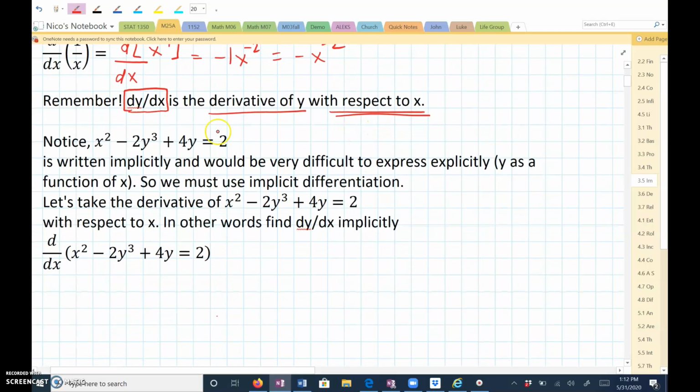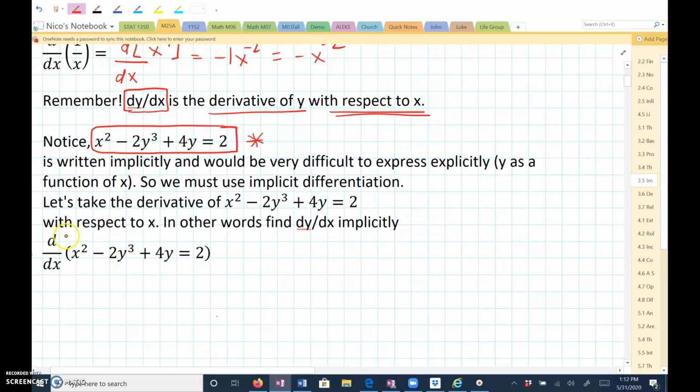Notice this equation here. This would be implicit because it's not solved for y. We could try to solve for y, but it would be more difficult than it's worth. Instead, it's going to be easier just to go ahead and do implicit differentiation. So let me show you what I mean.